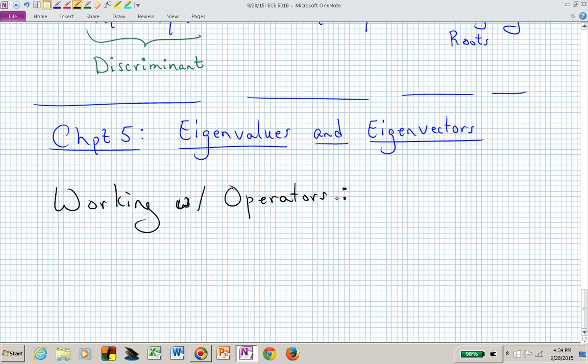We're now working with operators where this matrix A is square, and let's say it's n by n, and its elements are coming from the field F, where F again could be either reals or complex. A is then, because it's an operator, in fact a square matrix.